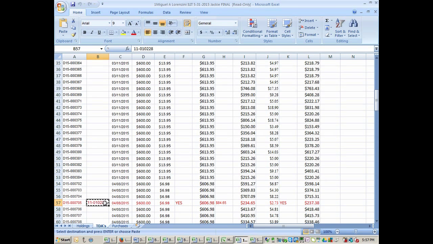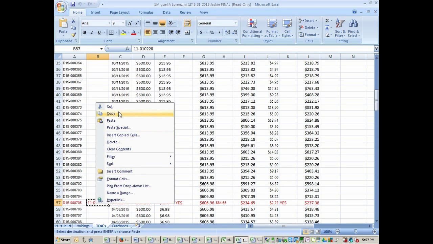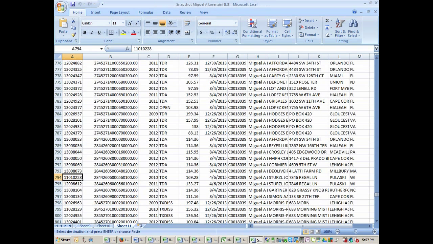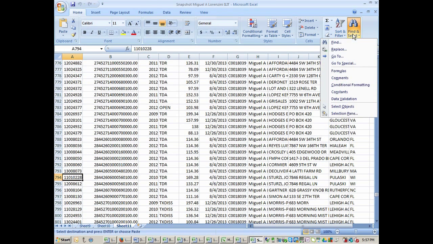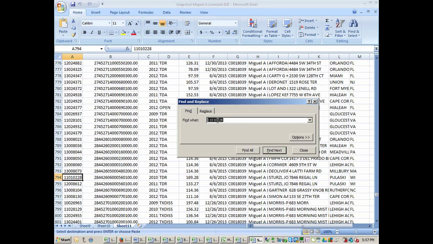So 705, I've already got that queued up. Yes, redeemed here for the clerk of court fee, and yes, redeemed here for the certificates. So then we want to copy this master certificate number and take it over to the snapshot page and find it. So let's do that.